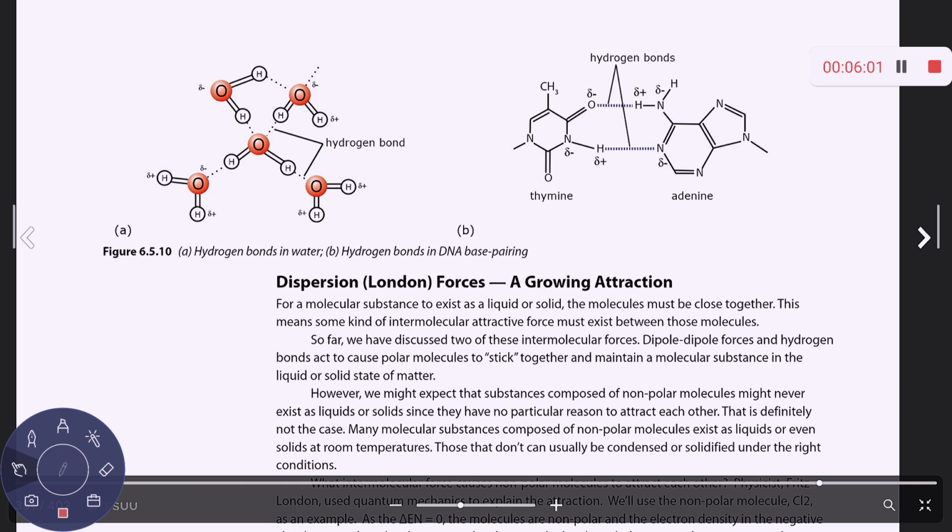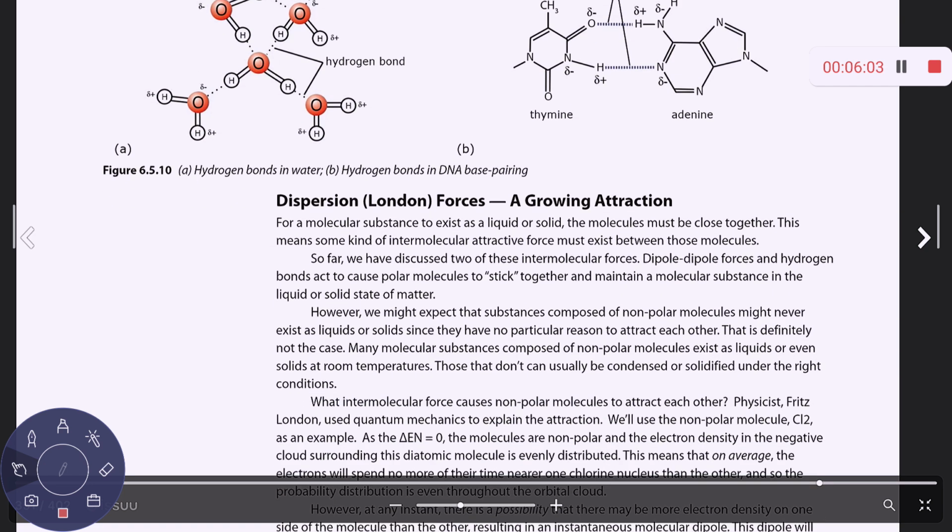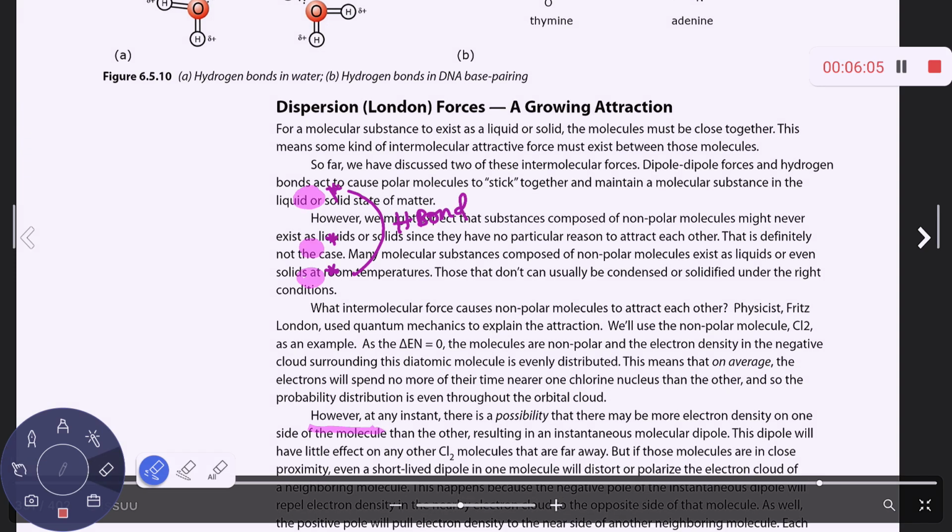Okay, let's move on to London dispersion forces. So a third type of intermolecular force is called London dispersion forces. You may see these abbreviated as LDF, or you may see them abbreviated as dispersion forces, and everything has these.